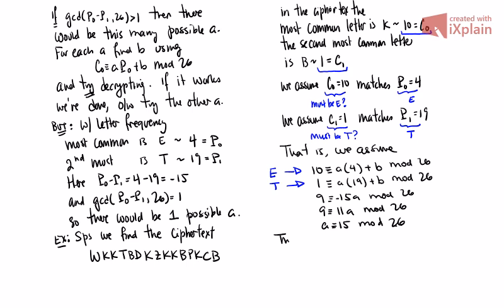Right? So then what we do, we take the first equation. So we take 10 is congruent to A times 4 right there plus B. And we solve for that, right? So we get B is congruent to 10 minus 60.